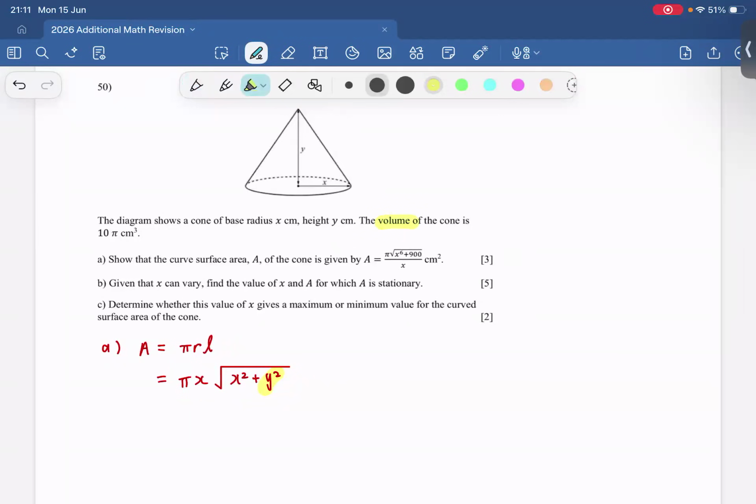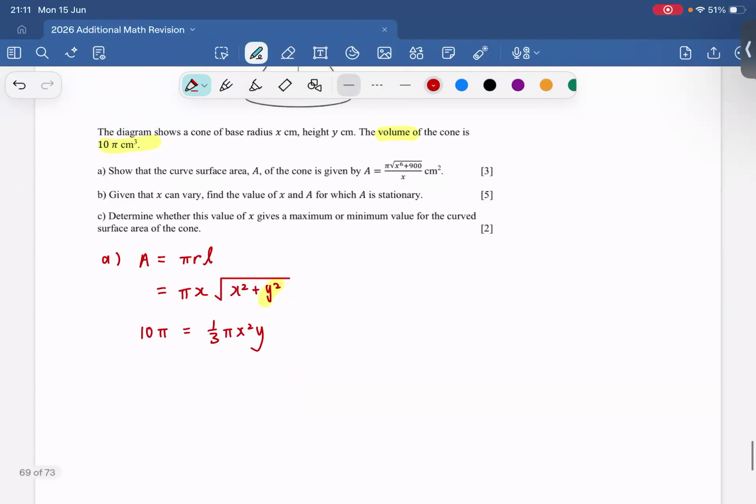Oh, volume of cone is this. This means this is something that I can use to change my y into my x. Okay, so volume of cone 10 pi is equal to 1/3 pi x squared h. Volume of cone is 1/3 pi r squared h. So now I make my y the subject. The pi can cancel. So you can see that my y is just equal to 30 over x squared.